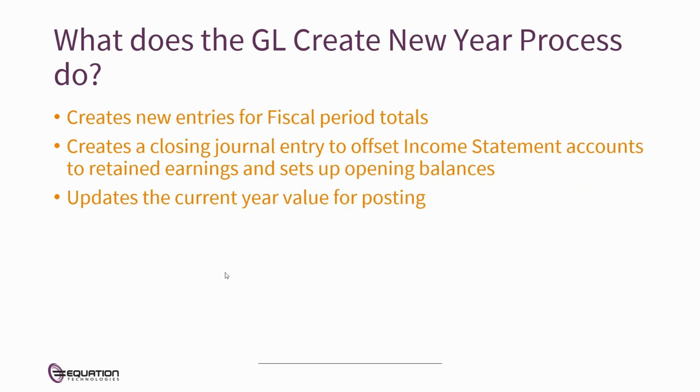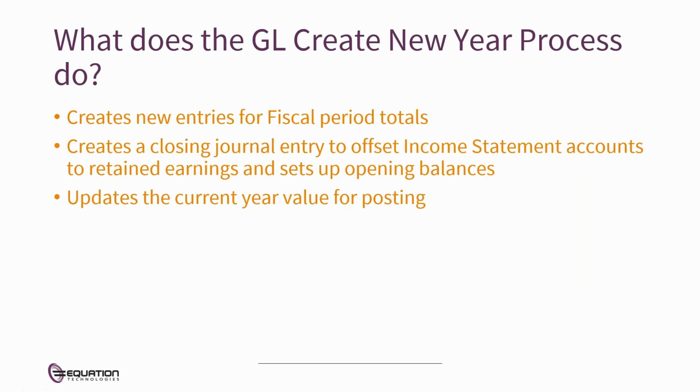So it's rolling the ending balance from the prior year into the beginning balance for the new year, and it's creating a closing journal entry for all the income statement accounts in period 15, which is our closing period, and moving them to retained earnings. And then it's updating the current year value for posting.